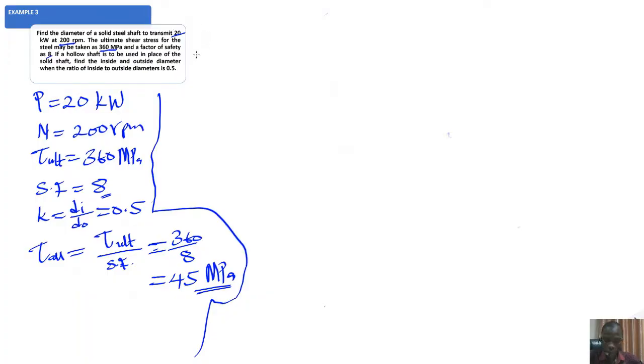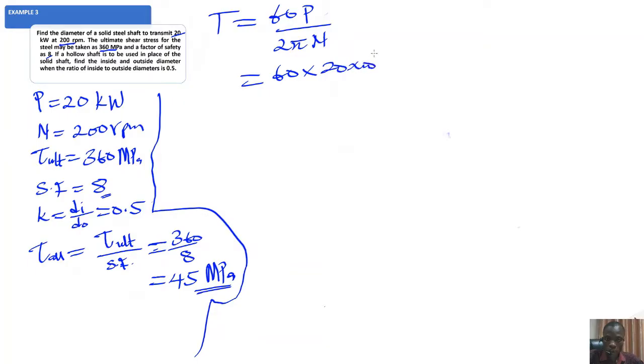All right, so let's start with the computation. Again, we have to determine the torque. So the torque to be transmitted in this case for this solid shaft, T, is equal to 60P divided by 2 pi N, and that is 60 times 20 times 10 exponent 3 divided by 2 pi times 200.